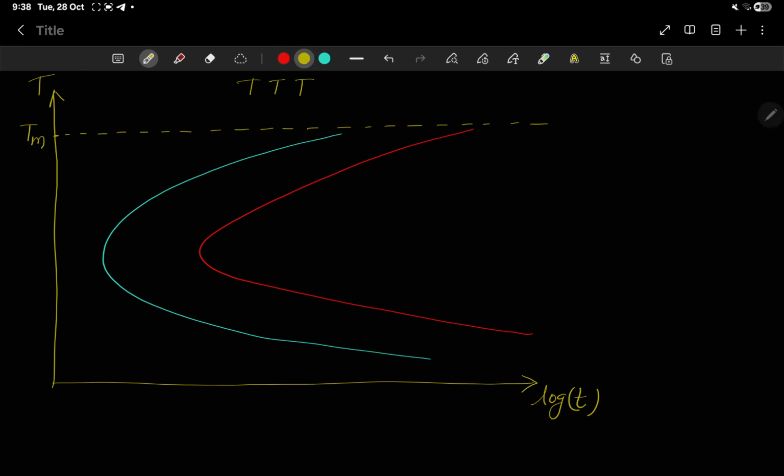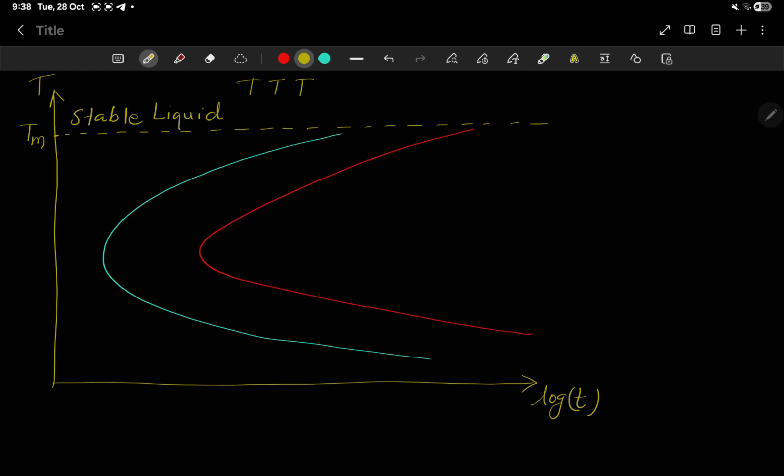So the region above the T melting point is called stable liquid. This stable liquid does not have any desire to transform into solid. Okay, and there is some region present just before the start curve.